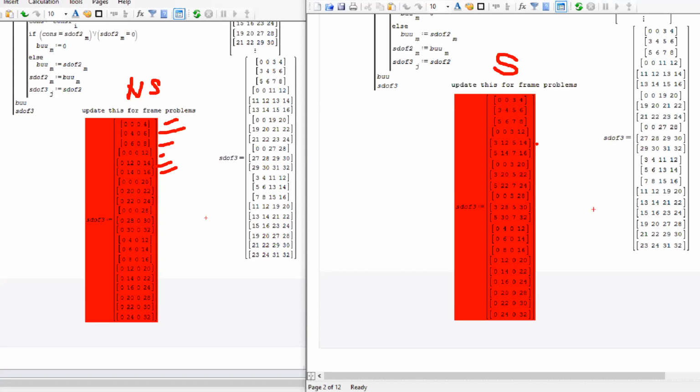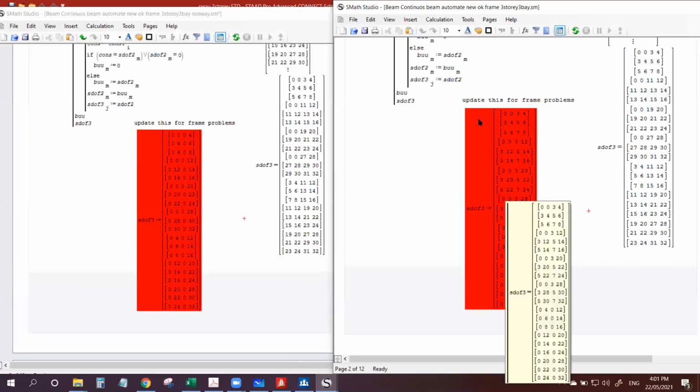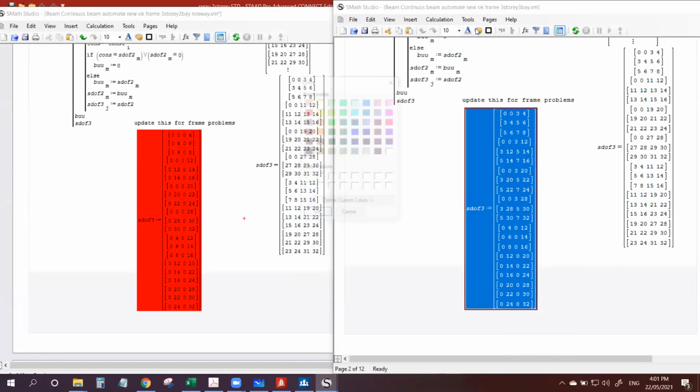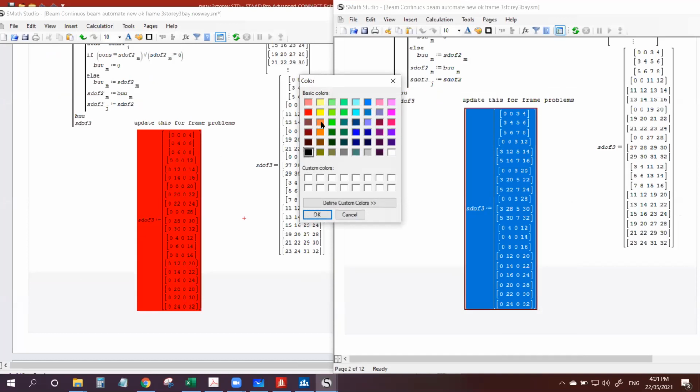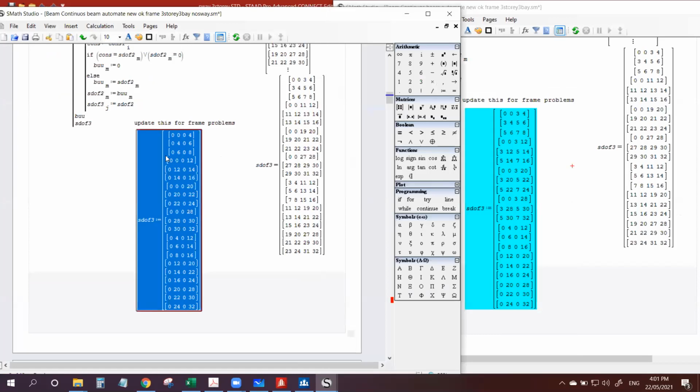Now take a look at the sway frame. There's an addition. For the first member, I now need 3 and 4. Maybe I'll change the color first for you to see.